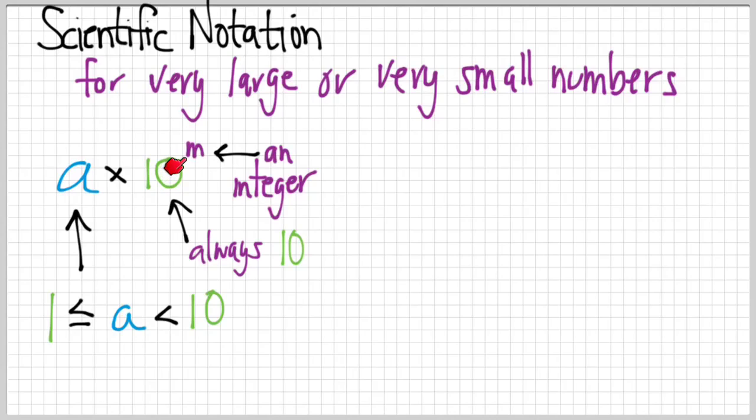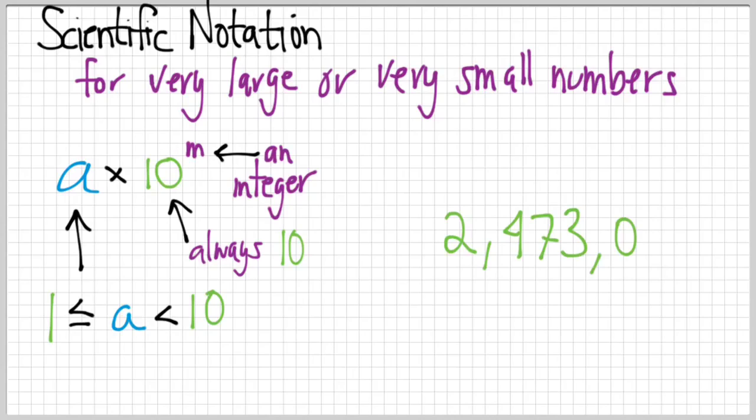Yes, you can have things that aren't integers, but in scientific notation you will always get an integer here. What that means is just a whole number: 1, 2, 6, 8, 36, negative 50. Those are integers.